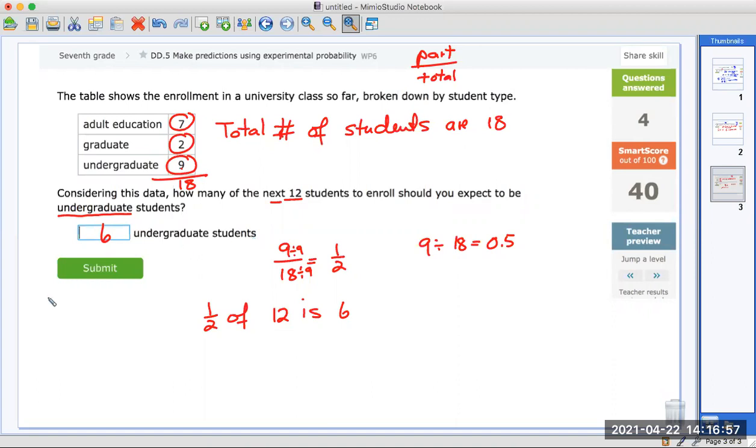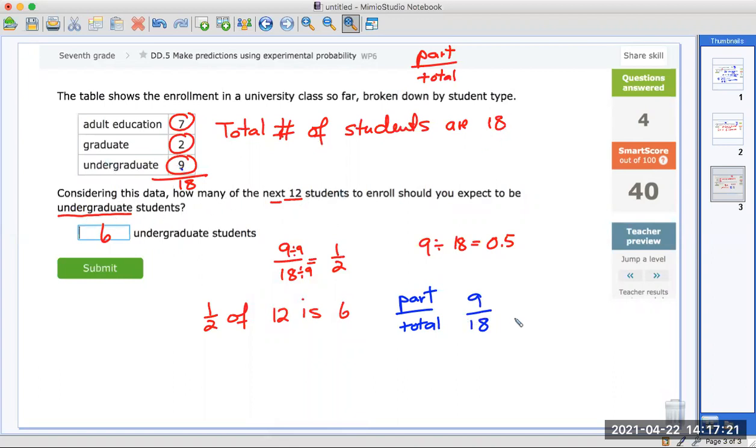I want to show you one more time how to set up a proportion. So again, I say part over total. So I'm going to the given information up here. I'll start up here. So that's 9 out of 18 because it's talking about undergraduate students.